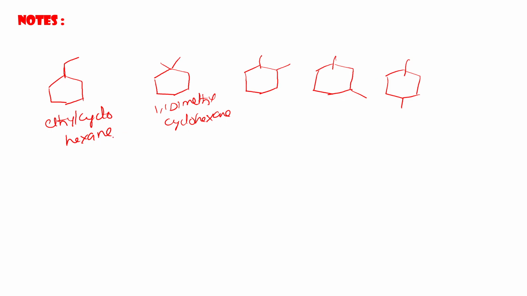Among these, let me give the numbers 1 2 3 4 5. Among these 5, one is a chain isomer for all.